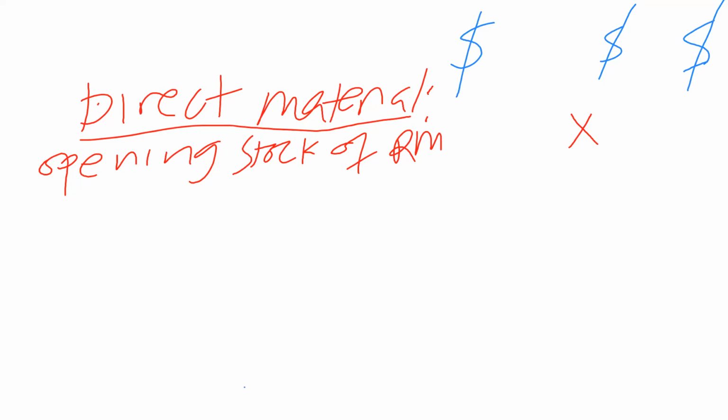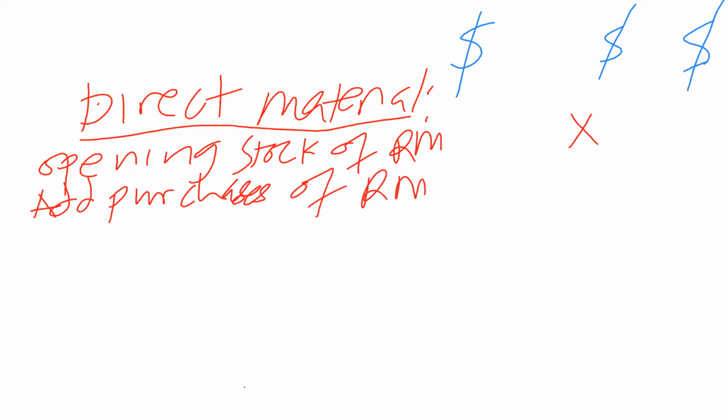Yes, sir. And so to the opening stock, you'll add purchases if you have any. The purchases of what? Of raw materials. So if you purchase any raw materials, you can just add them.